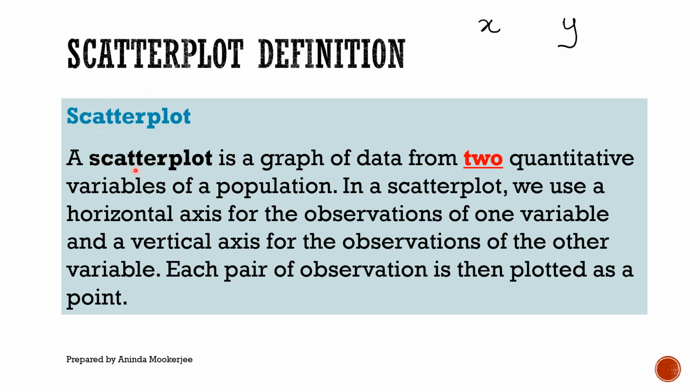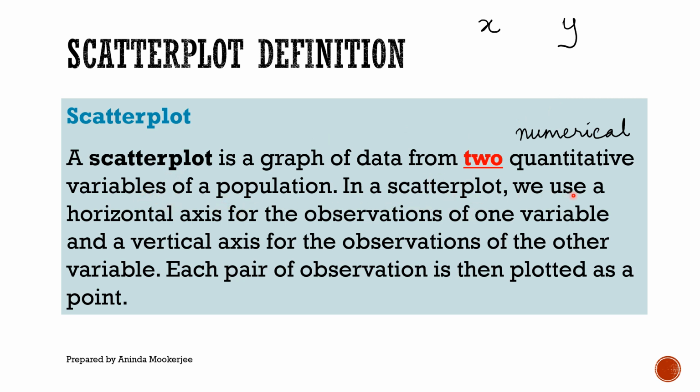A scatter plot is a graph of data from two quantitative variables of a population. Quantitative means numerical, so the data we collect for X and Y are numbers. They are not names, they are numbers, numerical data of a population.